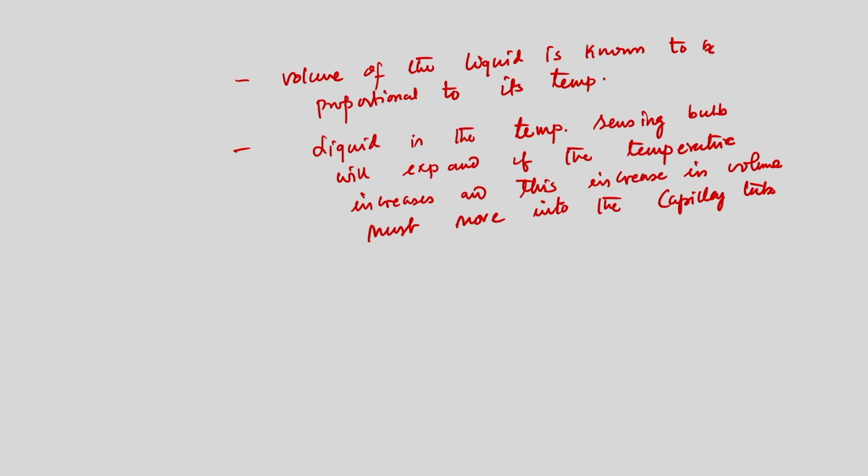That means we know the volume of the liquid is proportional to its temperature. When we place the temperature sensing bulb in places where the temperature is higher and that temperature we are interested to measure, upon receiving heat the liquid will expand, and that liquid, when expanding, will move into the capillary tube.